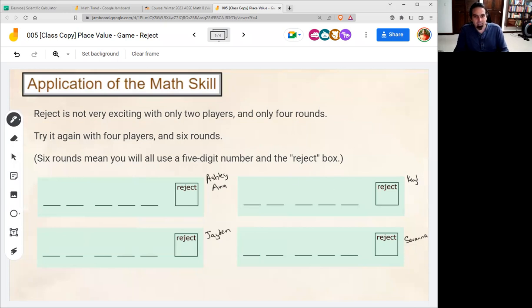Okay. Here we go. The first number we have is an 8. So tell me where you want to put an 8. An 8 goes there.